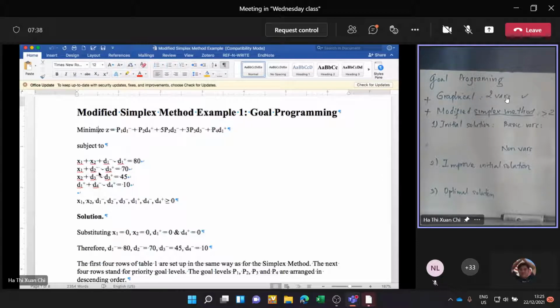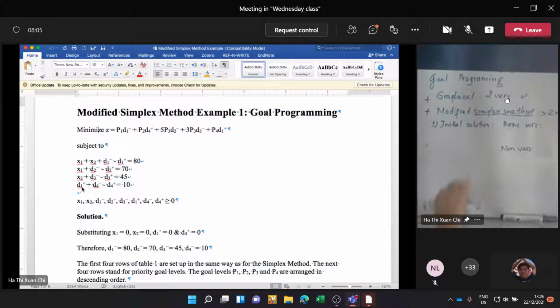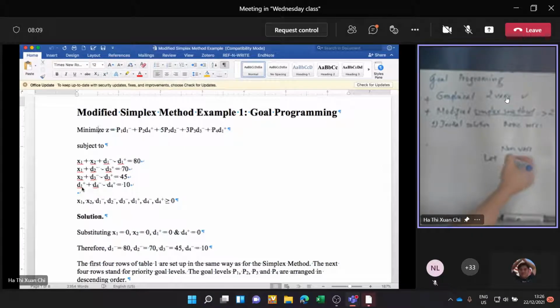So everyone, in here, we have totally 10 variable, right? 10 variable. And we have 4 constraints. 1, 2, 3, 4 constraints. With 10 variable, 4 constraints, so we let 6 variable. So we will let 6 variable equal to 0.